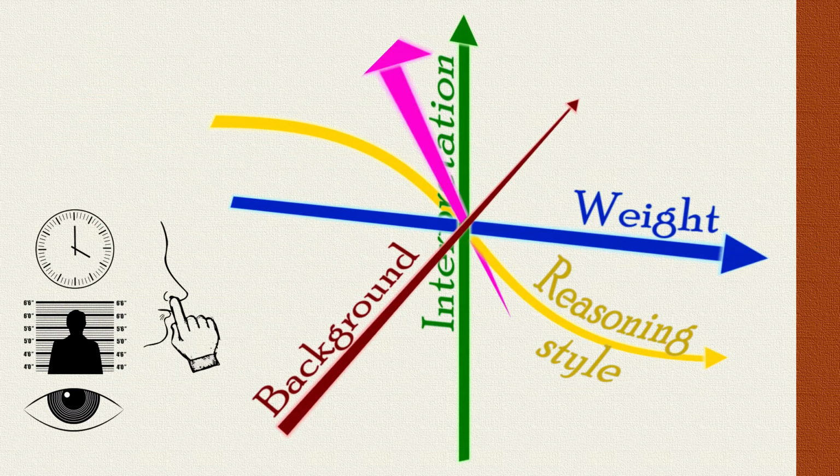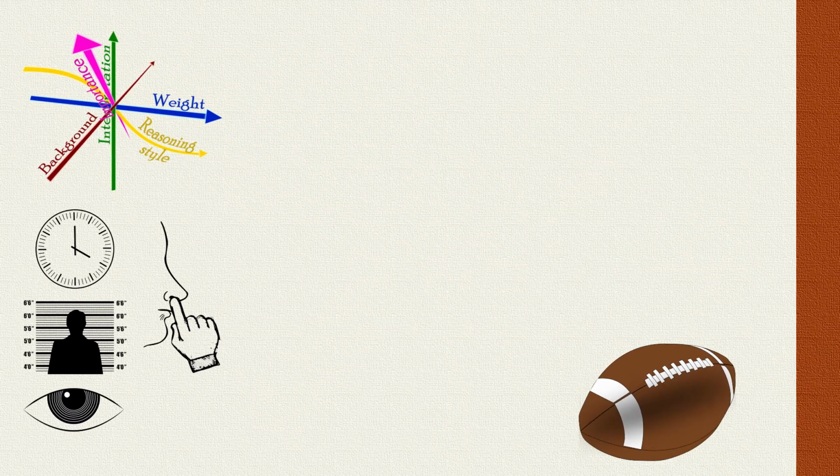Then we have another dimension along which they might disagree, which is their assessment of the importance of various factors. And now I'll switch examples once again. In this case, let's do an athletic example, because a lot of people disagree about athletic matters. So suppose Fred and Maude disagree about why the Broncos won the Super Bowl.